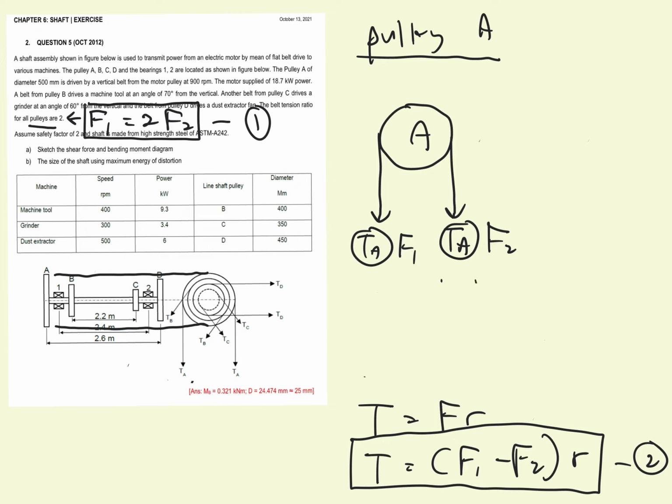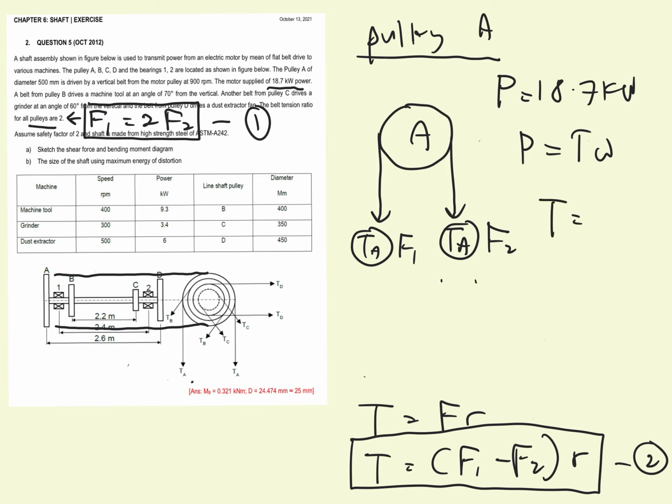We know that the power acting on pulley A is equal to 18.7 kilowatts. From this power we can get the value of torque, by using the formula P equals T omega, and then we rearrange this formula because we want to make torque the subject.